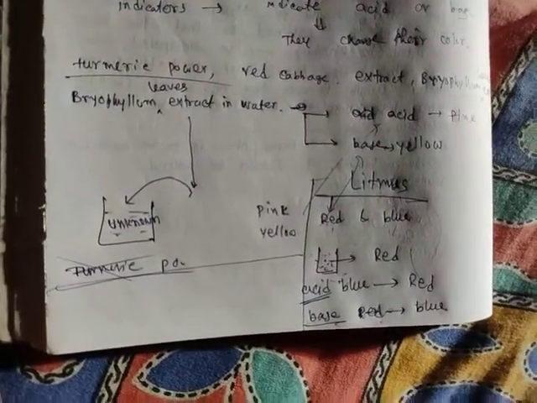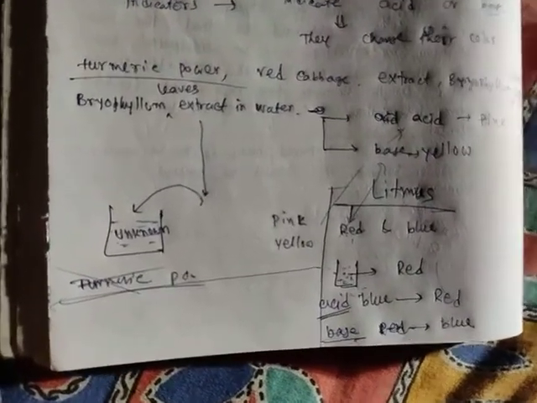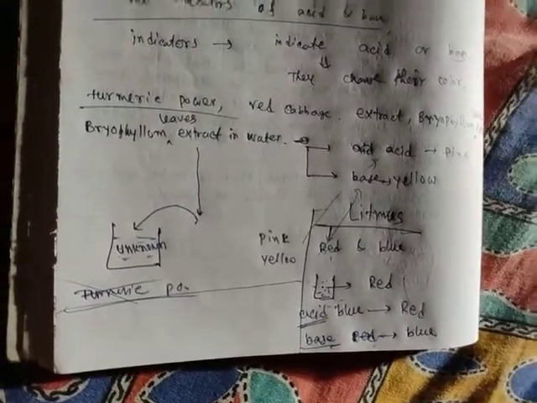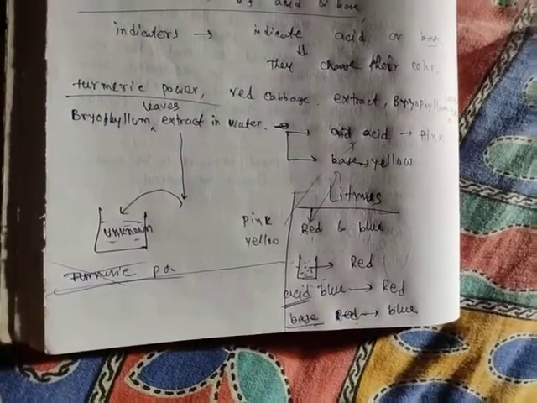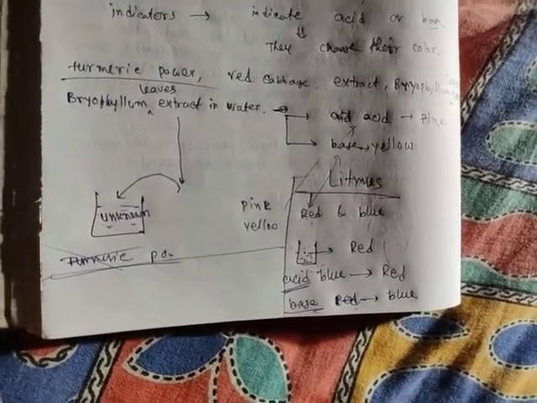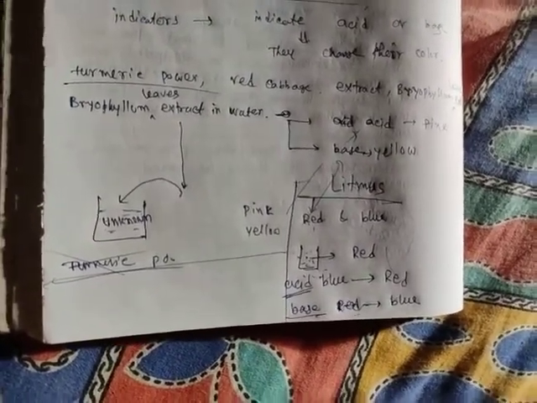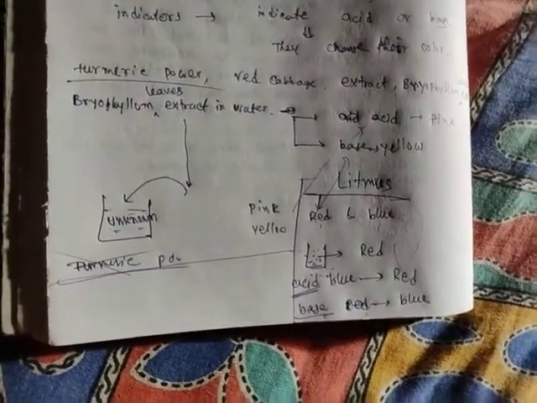Suppose you are asked which indicator gives orange color in base, then you can easily say it is methyl orange. And phenolphthalein is colorless, that means in acid solution it remains colorless, and in base it becomes pink.